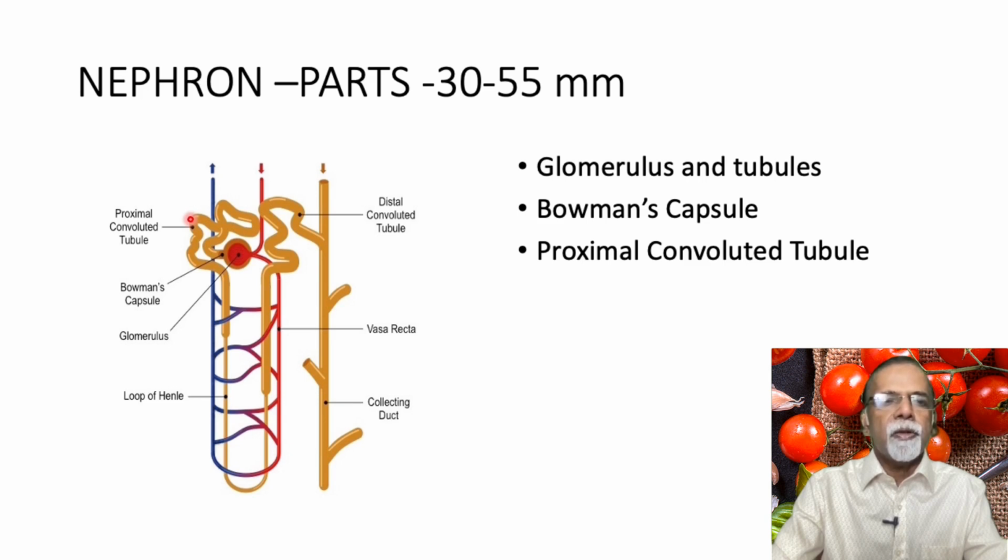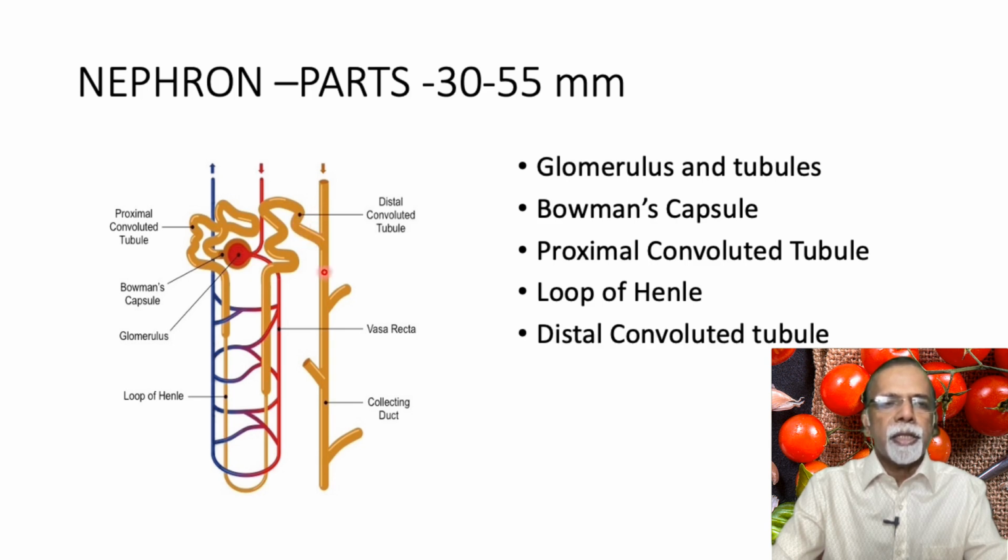Proximal convoluted tubule. Then there is a looping of the nephron. That is called the loop of Henle. Then the loop of Henle continues as the distal convoluted tubule. And the distal convoluted tubule ends in the collecting duct.